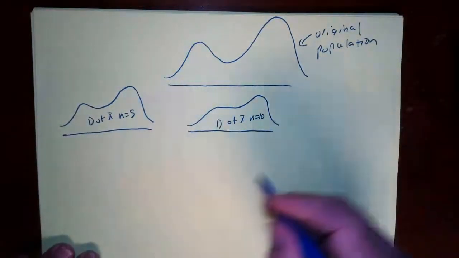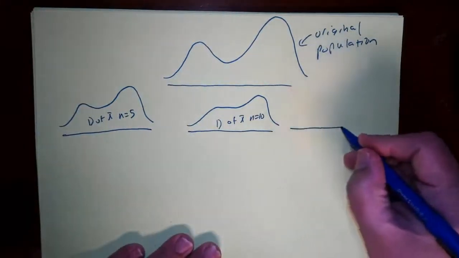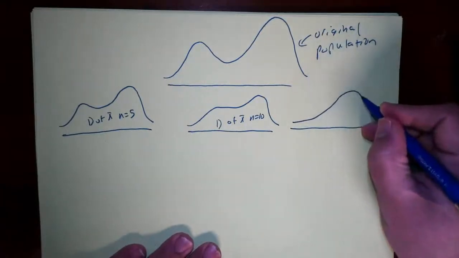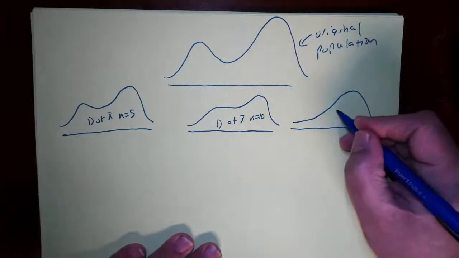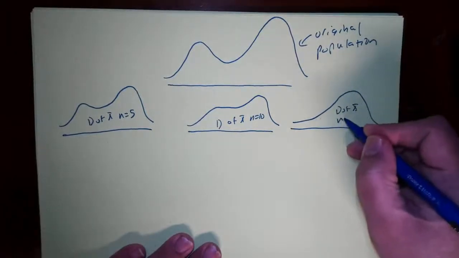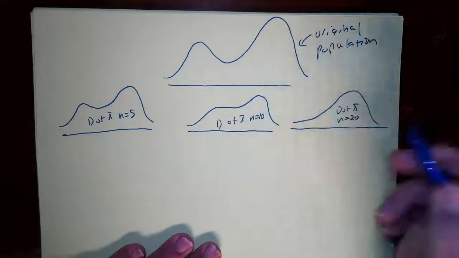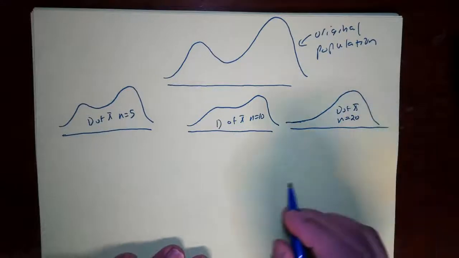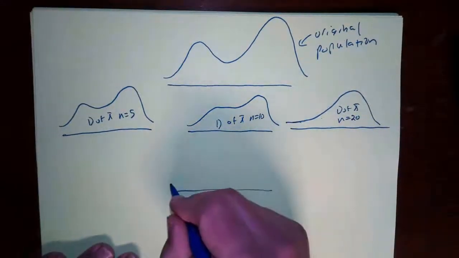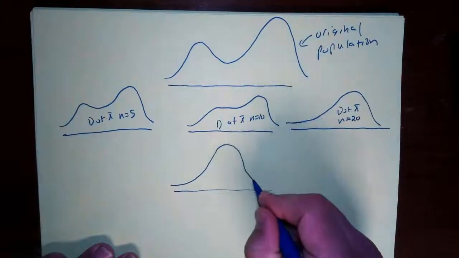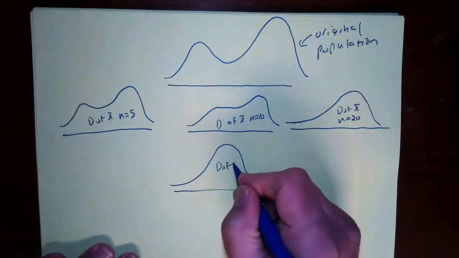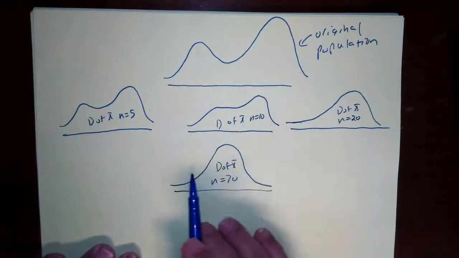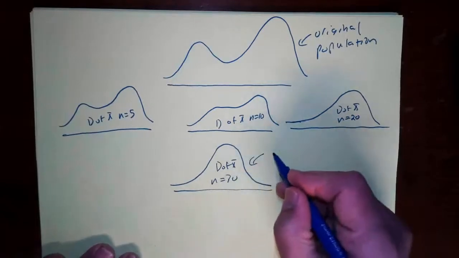And maybe for n equals 20, we'll say the distribution of x bar for n equals 20, then maybe it becomes even smoother. Maybe it's just left skewed now. And then the idea here is by the time you get to 30, the shape of the distribution of sample means for samples of size 30 is going to be approximately normal.